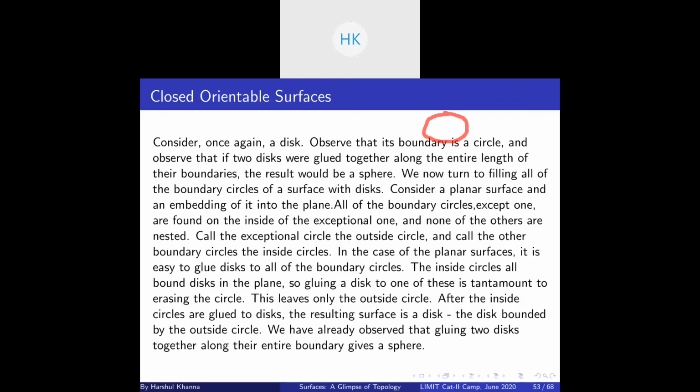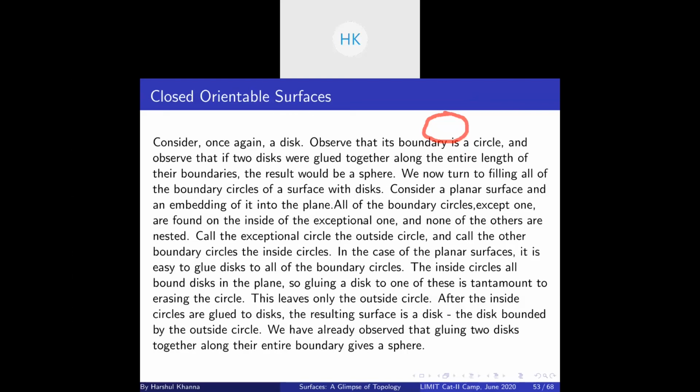So note, suppose, how do I explain this? Suppose I have a surface with holes removed from it, a planar surface. When you attach disks to the inside circles, the inside boundary components, it will again result in a planar surface, right?